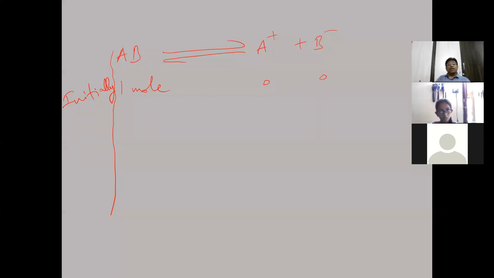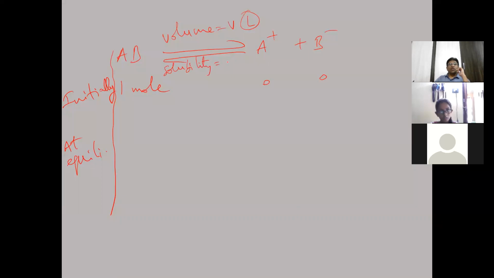Now at equilibrium, from 1 mole, suppose S moles dissolved, in a volume of V liters in the solvent. So what is the solubility of this? Suppose I'm taking solubility equal to S moles per liter.